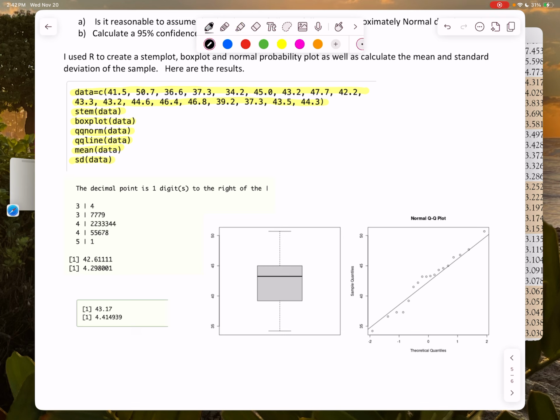So I can look at my stem plot. Yeah, that's approximately symmetric. That works. My box plot is looking roughly symmetric as well. And the dots follow a straight line, approximately.